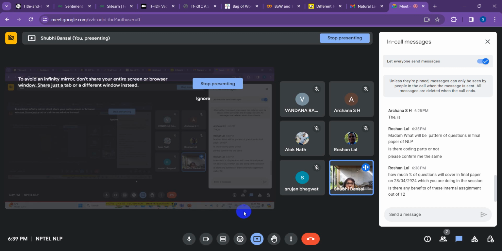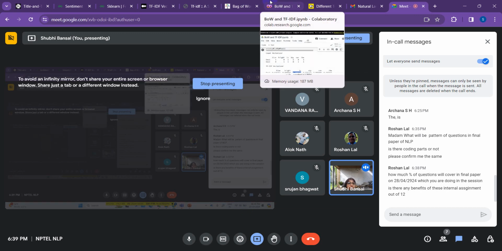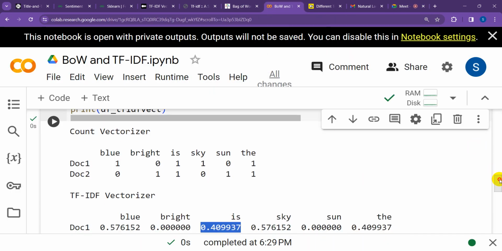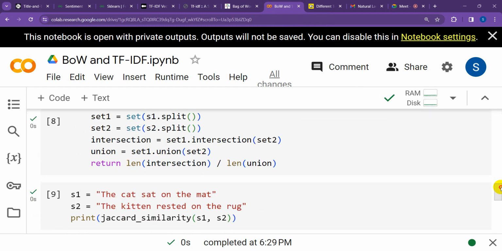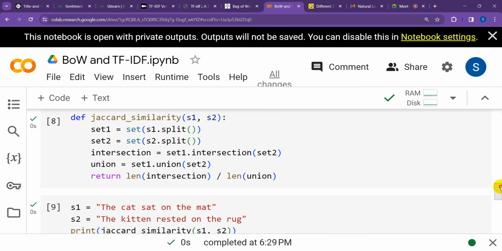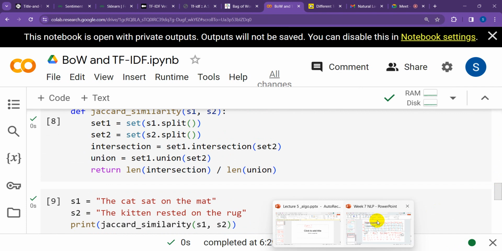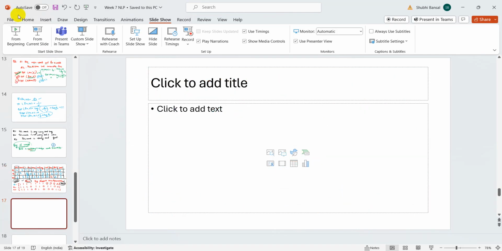Okay. So moving forward, in the last session, some of you had requested me to cover the similarity calculation using the BERT model, right? So if we see how we can cover the Jaccard similarity, does any one of you remember what is the formula for the Jaccard similarity? I think we did one numerical example.